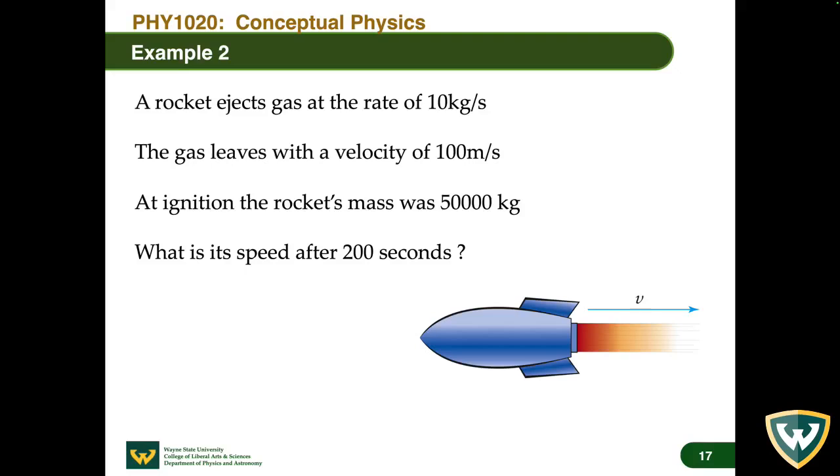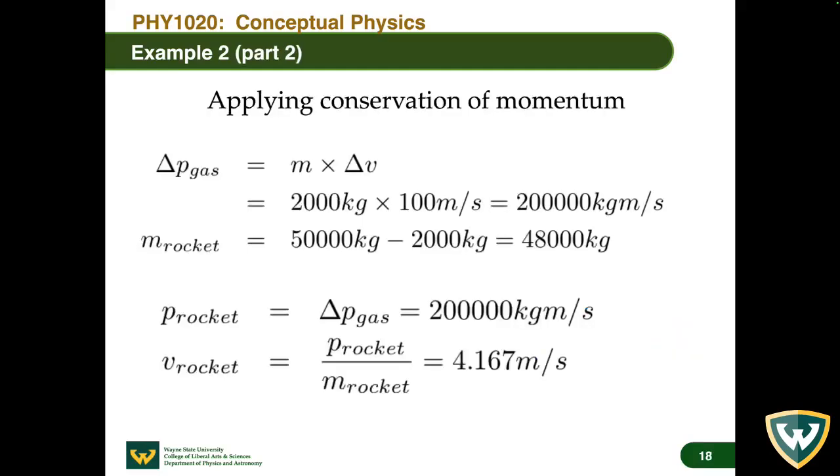However, we can use the notion of change in momentum being caused by the ejection of gas, a certain amount of gas per second at a certain speed. So let's see what we can do with this. Let's apply conservation of momentum.